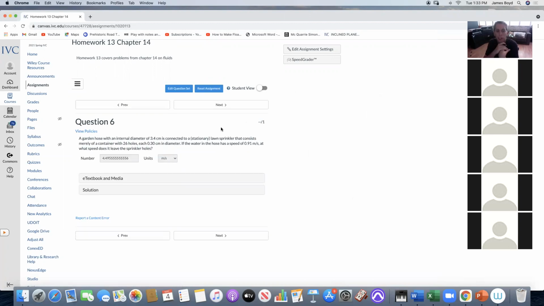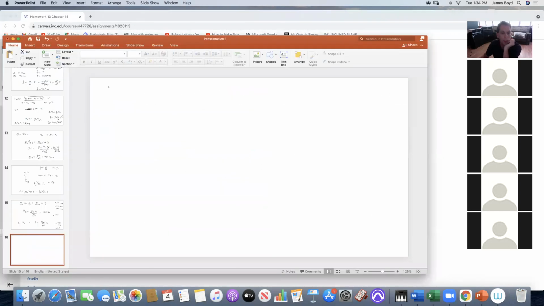A garden hose with an internal diameter is connected to a stationary lawn sprinkler, which has 26 holes, each with a 0.30 centimeter diameter. If the water in the hose has a speed of 0.91, at what speed does it leave the sprinkler holes? So this is a Bernoulli's equation. We have P1 plus rho g h1 plus rho v1 squared over 2 is equal to P2 plus rho g h2 plus rho v2 squared over 2.